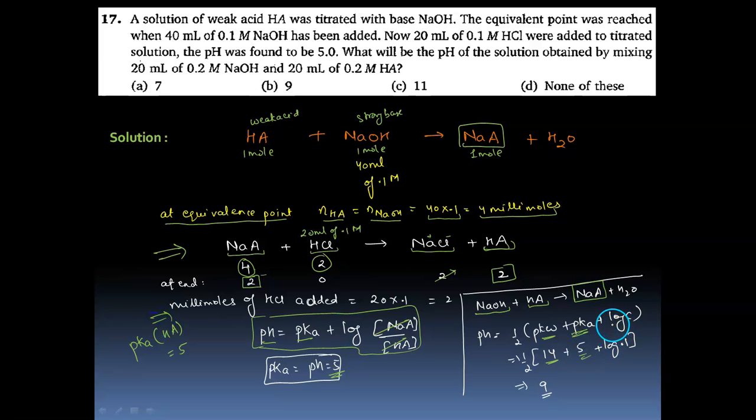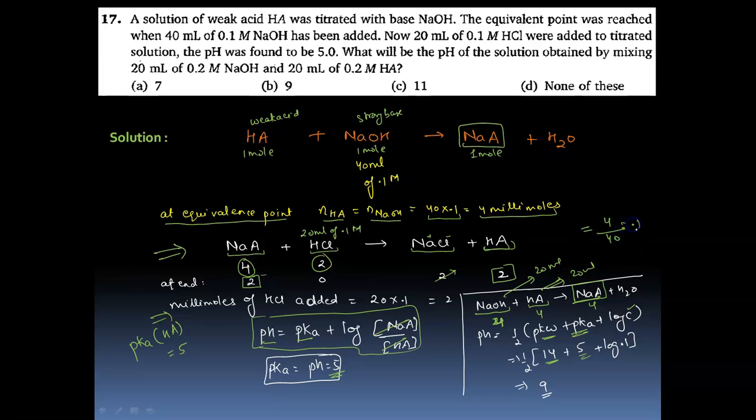What about the concentration? We are adding 20 ml of NaOH and 20 ml of HA, so the total volume is 40 ml. 4 millimoles of NaOH is reacting with 4 millimoles of HA, therefore the salt formed will also be 4 millimoles. Therefore the concentration of NaA, which is C, will be 4 millimoles upon the total volume, 20 of NaOH and 20 of HA.